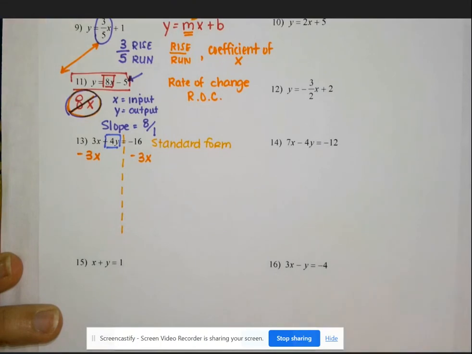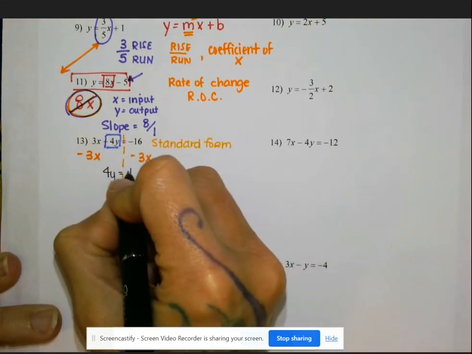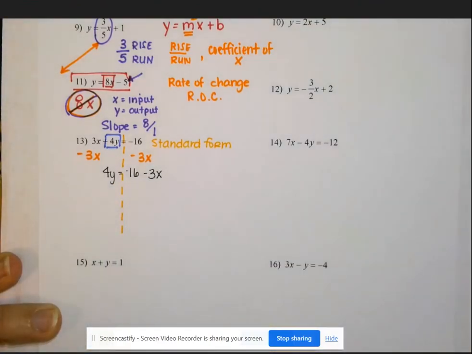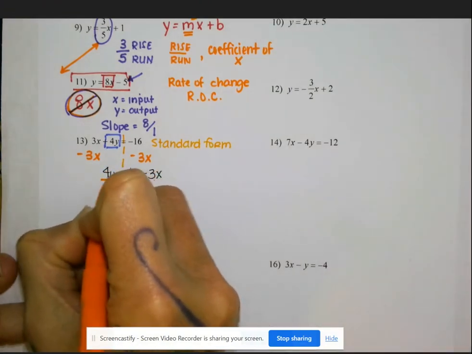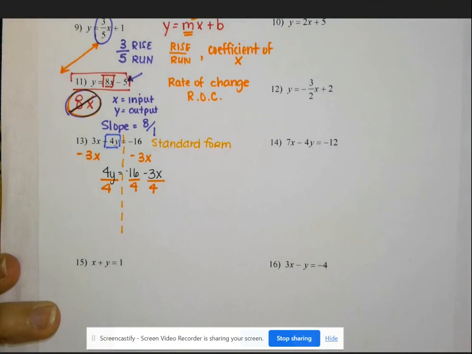All right. 4y equals negative 16 minus 3x. Is y by itself yet? Nope. So we still don't know anything yet. That is 4y, which we've talked about a lot. That means 4 times y. So we're going to divide everything by 4.